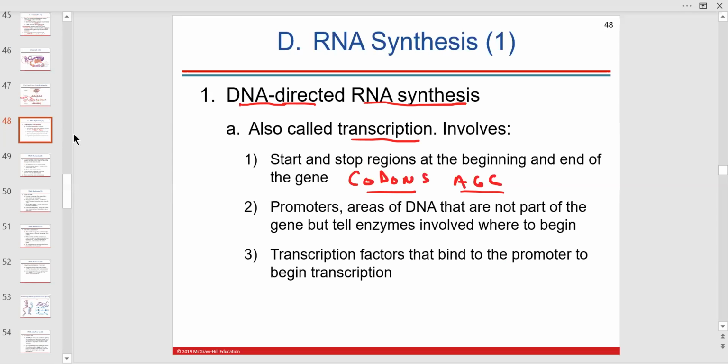So you don't have to know about promoters and the parts of the DNA that start or stop these codons. But it's all based on these base pairings from the nucleotides. So transcription factors bind to the DNA to begin transcription or stop it. It depends on if it's suppressing or enhancing the expression of that gene.